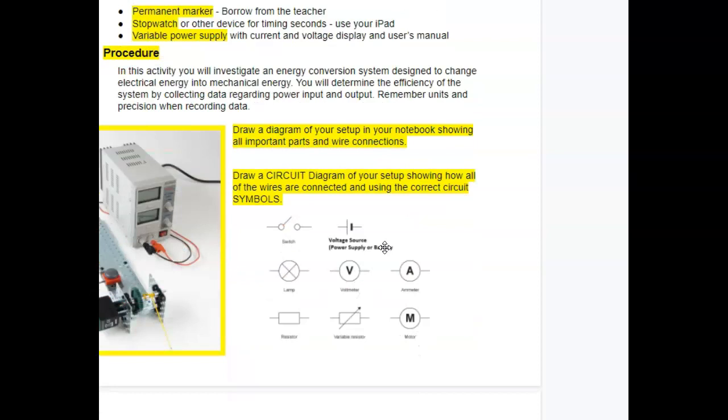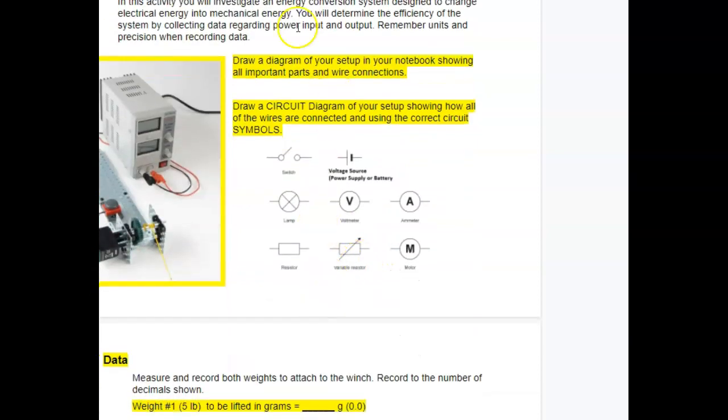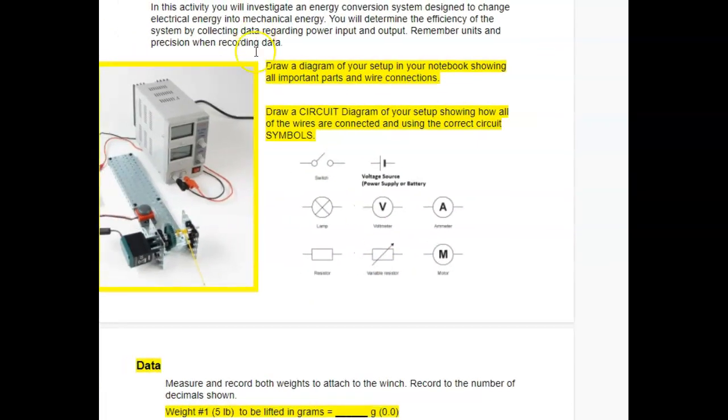So what we're going to do is set up an electrical circuit with this winch. You can see here, we're supposed to draw a circuit diagram showing what's connected. If we want to use these symbols, we would have a voltage source.